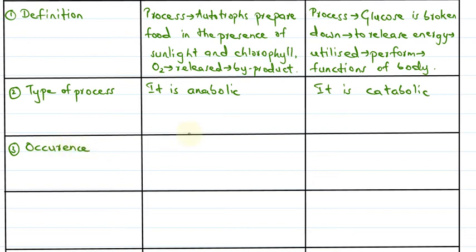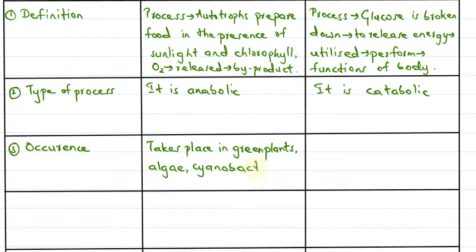Photosynthesis takes place in green plants, algae, cyanobacteria, that is in all the autotrophic organisms, whereas respiration takes place in all the living organisms.